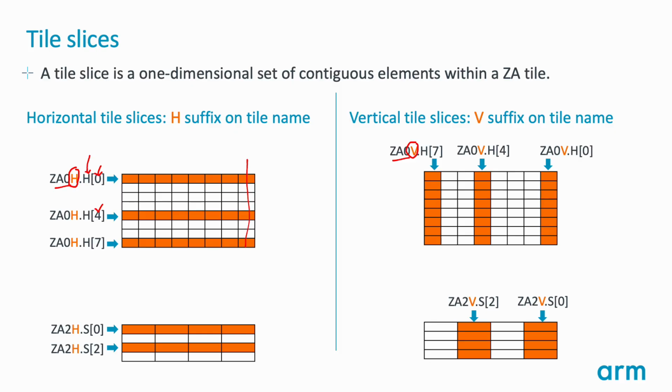Similarly, for a ZA2 tile, if you want to access a vertical slice, you indicate V, and the slice number is suffixed to .s, and this S represents that you are accessing a 32-bit element. Right? So as a tile slice, we can access a one-dimensional set of continuous data in the ZA tile, which is part of the ZA storage.